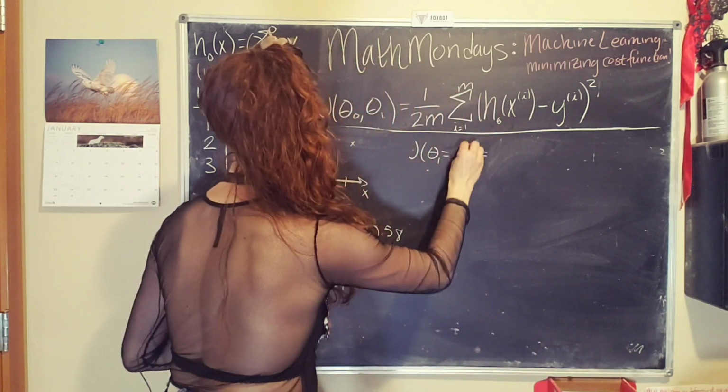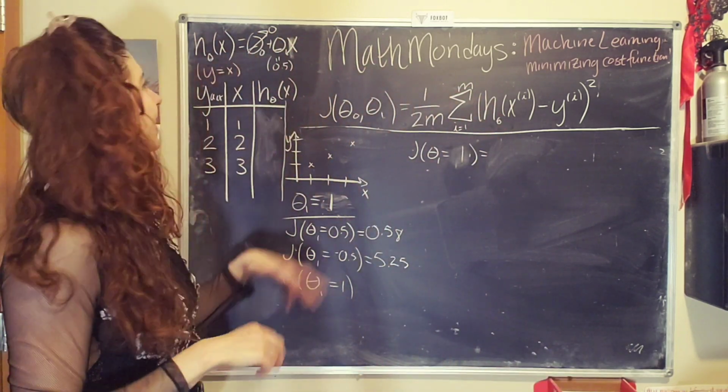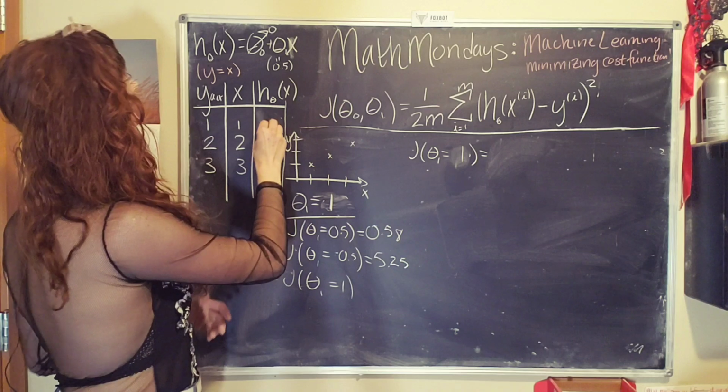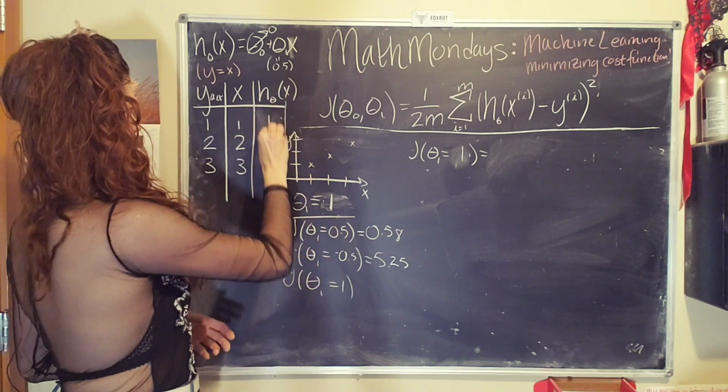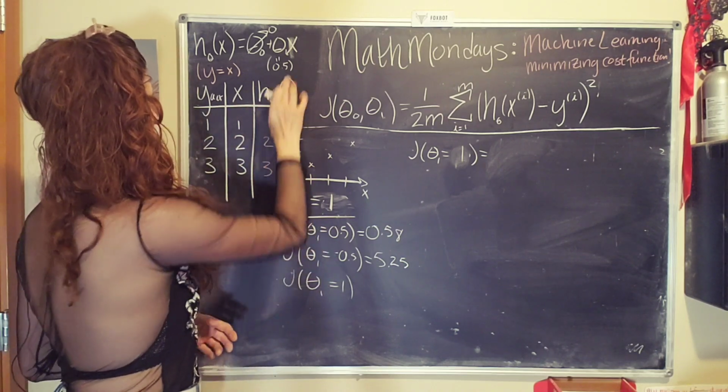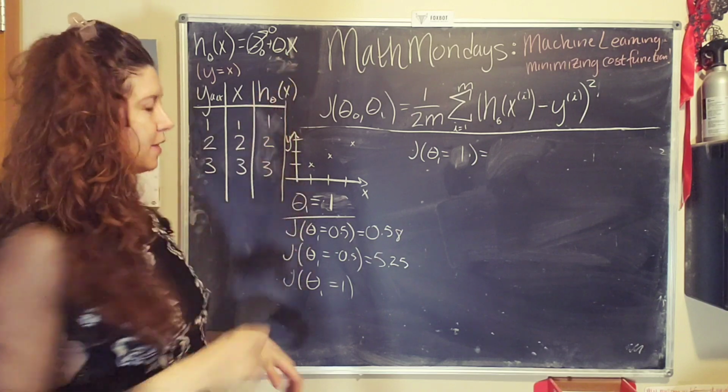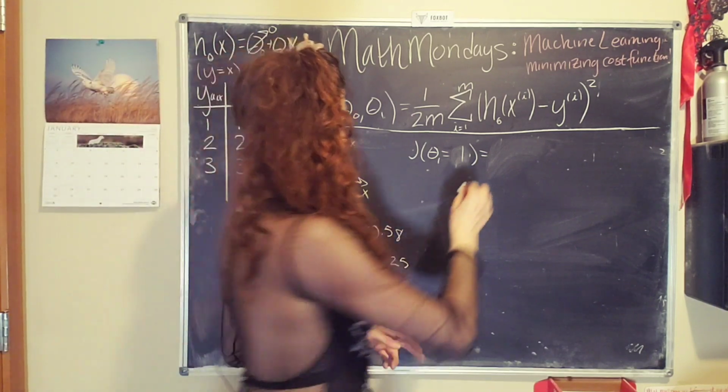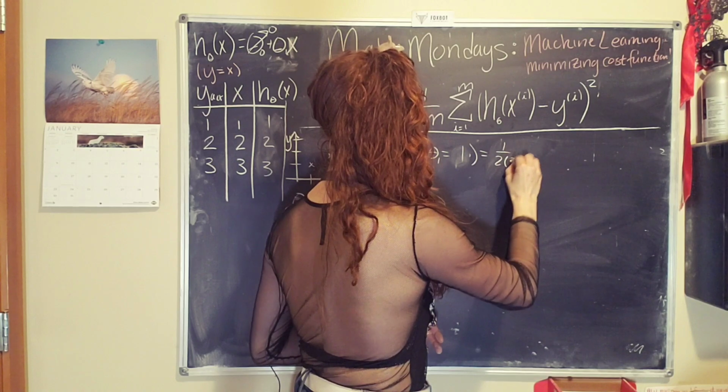Okay, so theta 1 equals 1. And in this case, we're going to have the same values as the actual y values. So 1, 2, and 3. Doesn't equal 0.5 anymore. So we have 1 over 2 times 3.